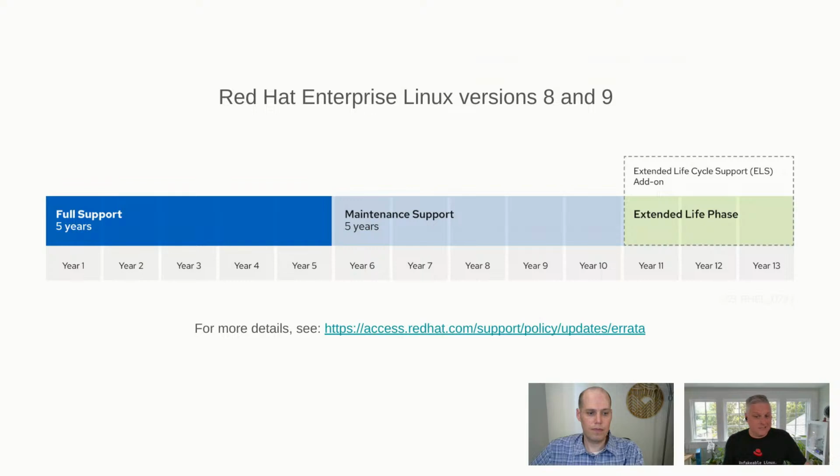But one of the other nice things about moving to the predictable release cadence is that we don't hold the releases to accumulate features. We know mid 2025, RHEL 10 is coming. So whatever we can get done in the 3 years between when we released RHEL 9 and when we release RHEL 10, that's what goes in there.